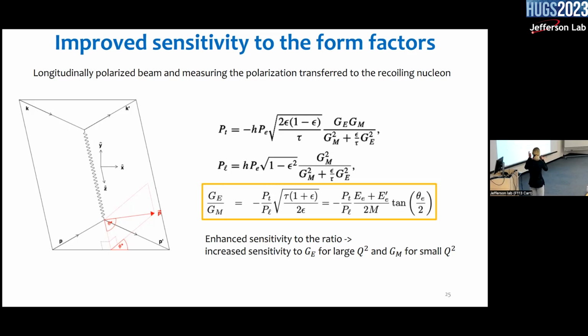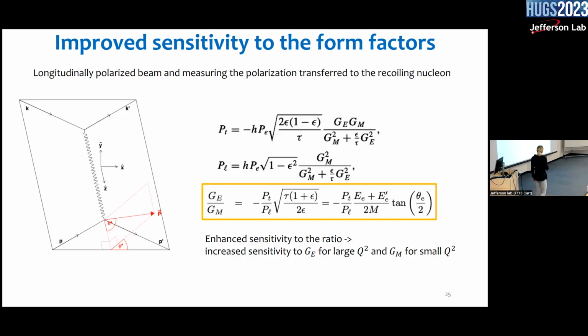We take a longitudinally polarized beam, so we know the polarization of your electron coming in, and then you can either scatter off a polarized target, or you can scatter off an unpolarized target and measure the recoil polarization of the proton. These have a different sensitivity to the form factors. So you can write the transverse and the longitudinal components that you would measure of this recoiling particle.